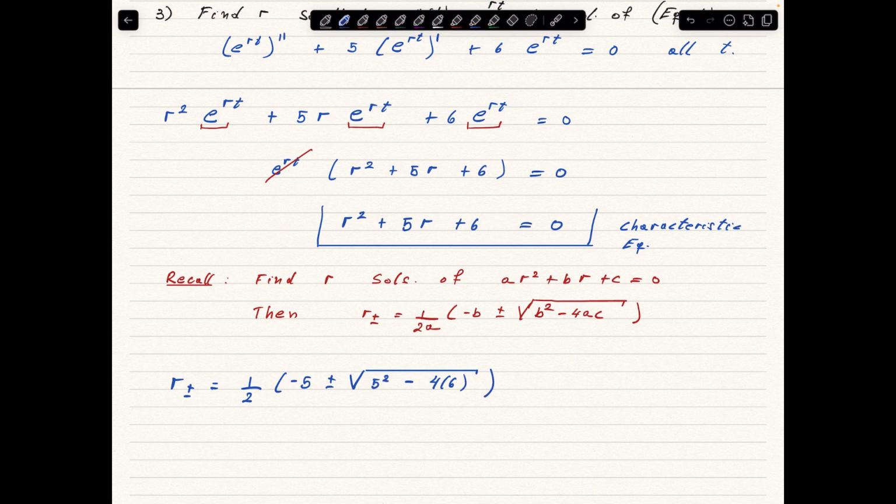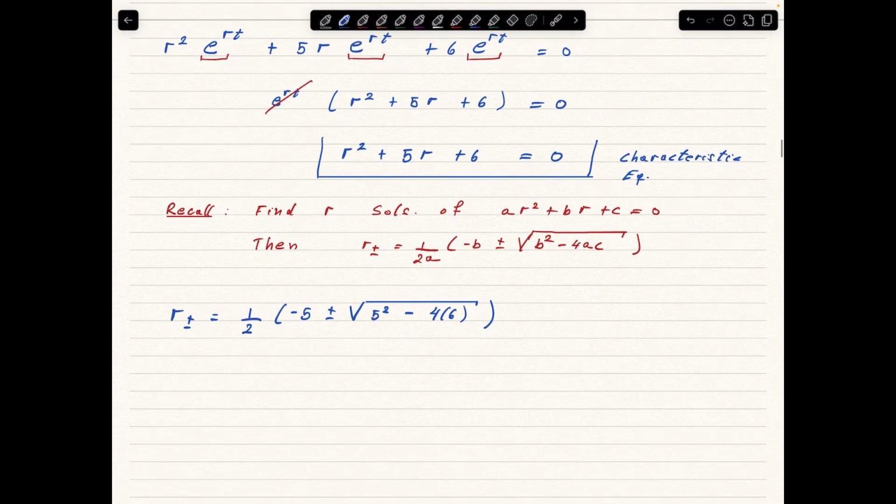Alright, that is the formula, and then we can actually compute the roots because the numbers are simple. This is going to be 25 minus 24. And here we can continue, and this is the same as 1/2 negative 5 plus minus 1.